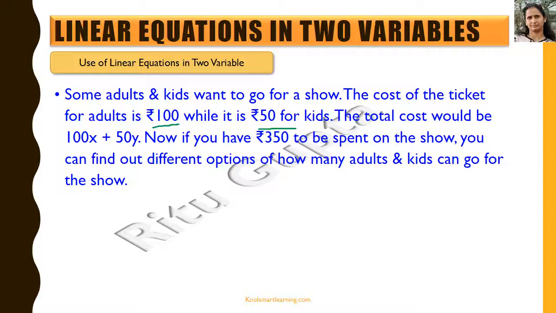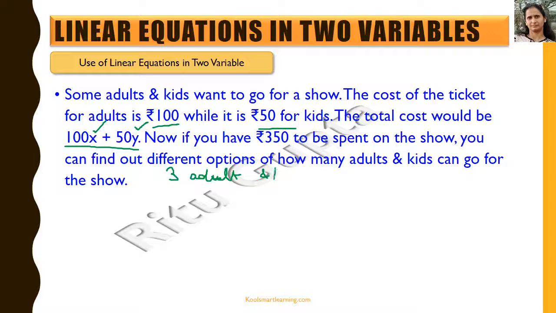The total cost would be 100x plus 50y, if x is the number of adults and y is the number of kids going. Now if we have 350 rupees to be spent on the show, you can find out different options of how many adults and kids can go for the show. So we could say 3 adults and 1 kid go.